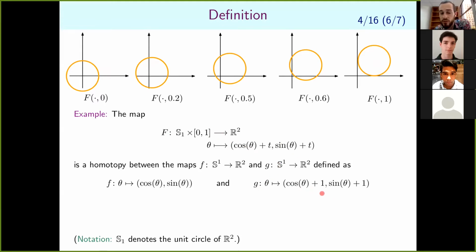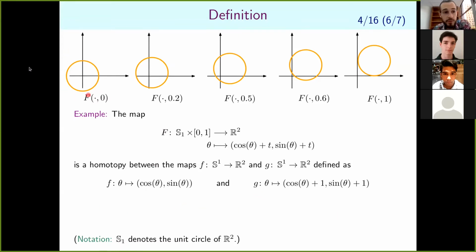So it is the circle translated by the vector (1, 1). And as you can see, for each value of t, we obtain a translation of the circle. All right, this is a deformation of our circle. Of course, f is continuous, and so this is a homotopy between f and g.